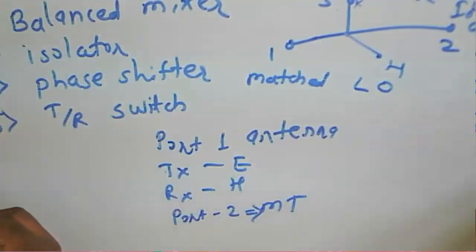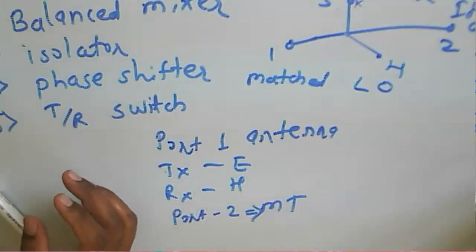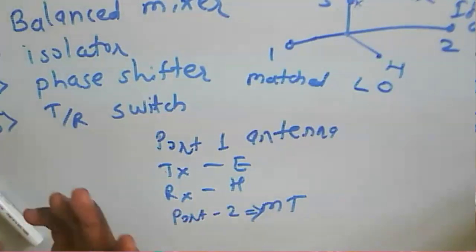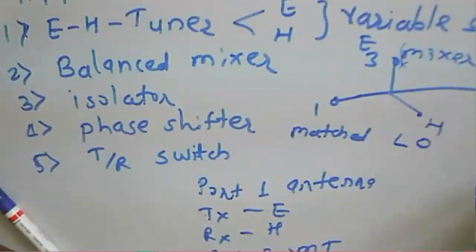Then this one will be used as a duplexer or a transmitter switch. So that's all about the magic T and its applications. We can use the magic T for various applications: tuner, mixer, oscillator, phase shifter, and transmitter switch. That's all about the magic T. Thank you all.